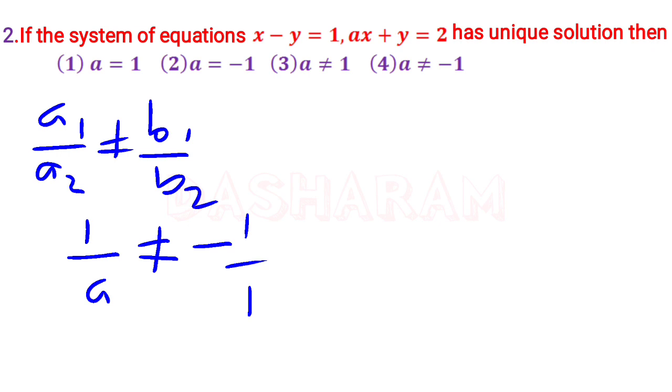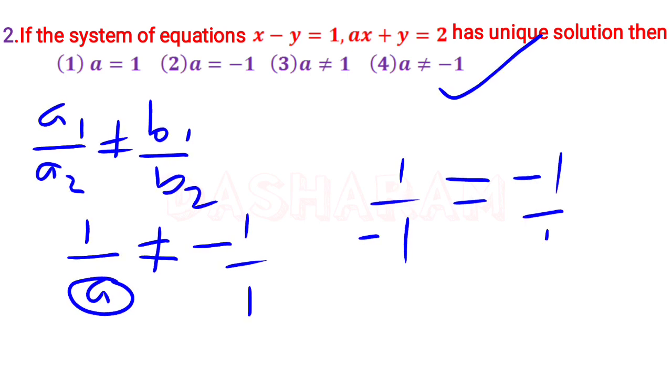So for which a value will this condition be satisfied? It is very clear a is not equal to minus 1, because if a equals minus 1, 1 by minus 1 is equal to minus 1 by 1, so minus 1, minus 1. Both will become equal, but we need not equal. So option 4 is correct.